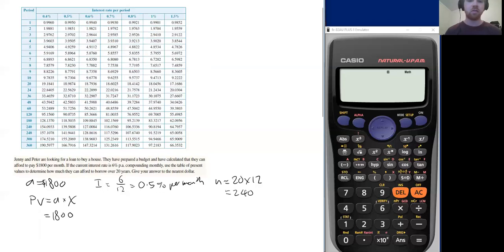And the answer is, well, if we're dealing in compounding monthly, then the percentage rates are going to be much smaller because we're dividing the per annum rate by 12. So this table is more appropriate to use for that because the scale of it is more conducive to monthly compounding. Whereas the other table, which had larger percentages, was better if something was compounding yearly. So that's what you've got to look at. You've got to look at your values. My I is 0.5. I won't be able to find that on the other table, but I can find it on this table here. So that's why I'm using it.